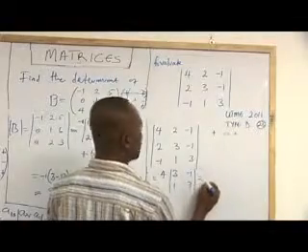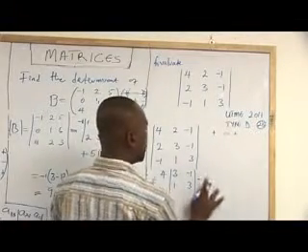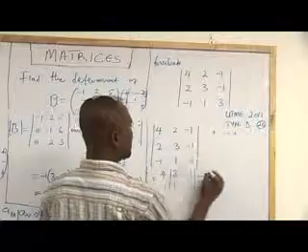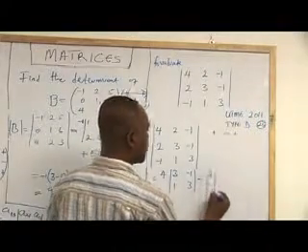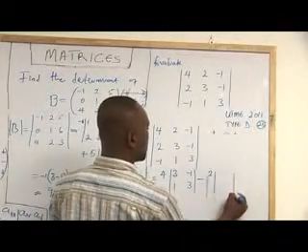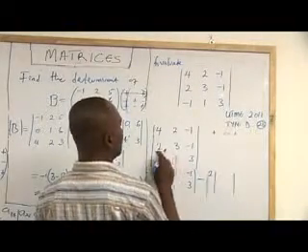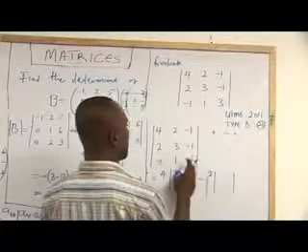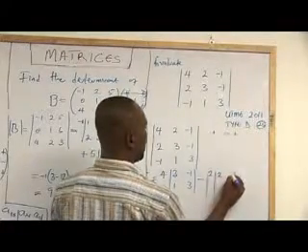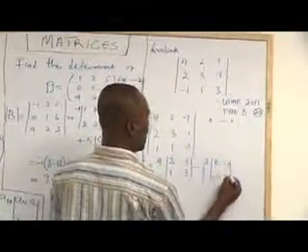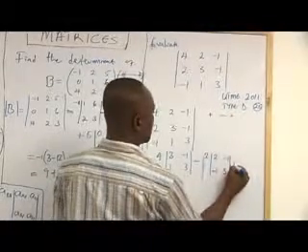Next sign is minus. Sorry, let's put down 2 first. Remember we are using row 1, so 2 comes down. I rule out column 2, row 1, I have 2, minus 1, 3. Last is plus.